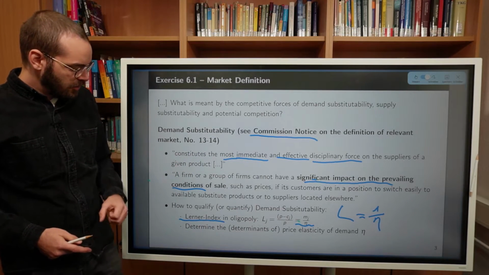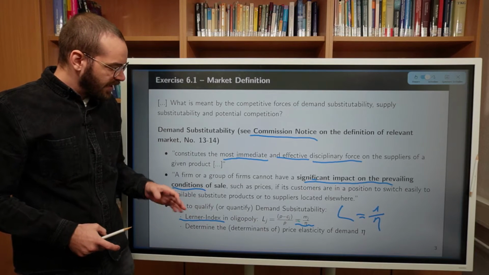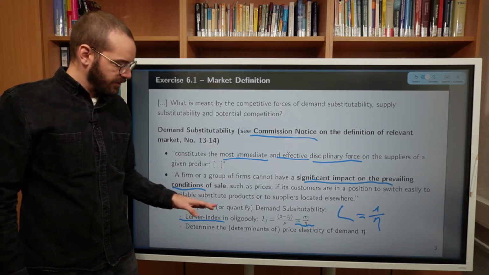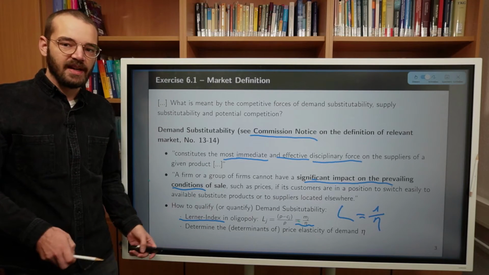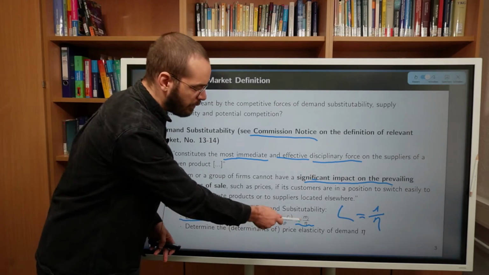All right, so if we now want to qualify or even quantify the Lerner index in the oligopoly, well, of course, what we need to find is both parts of this fraction.